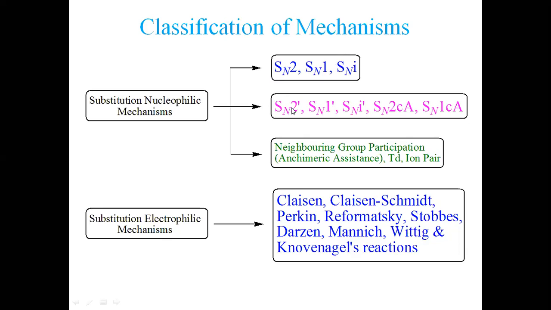And SN2 prime, SN1 prime, SNi prime. This is substitution nucleophilic bimolecular with rearrangement. This prime differentiates it from SN2. SN2 is normal. SN2 prime is for an allylic system, you shall see. I shall explain this with an example.